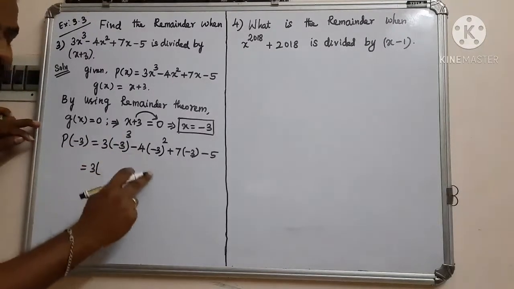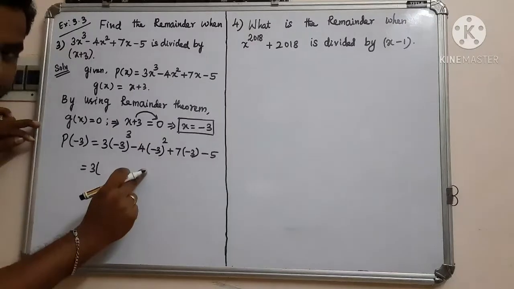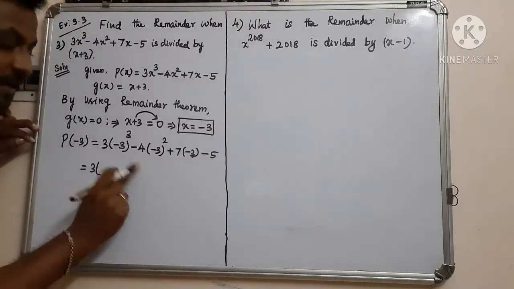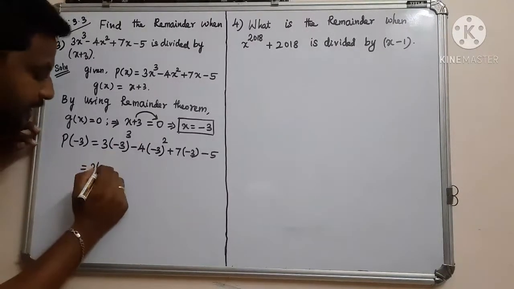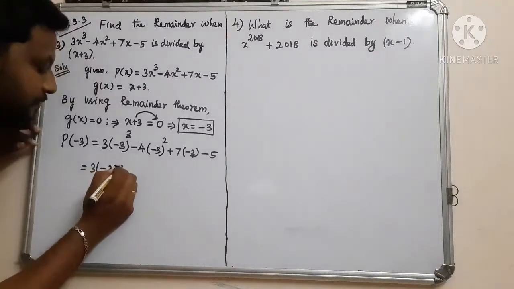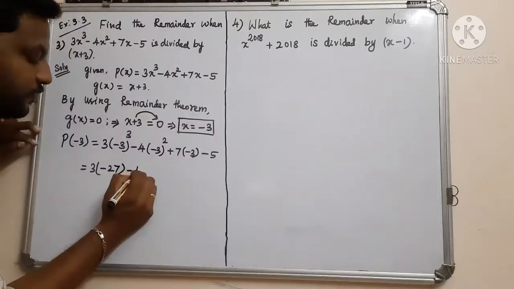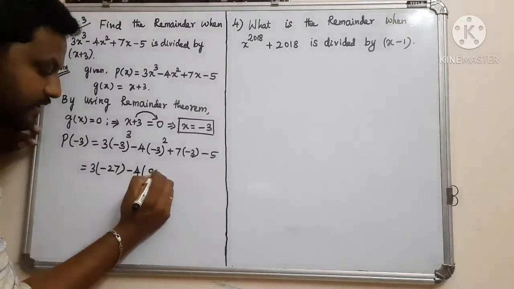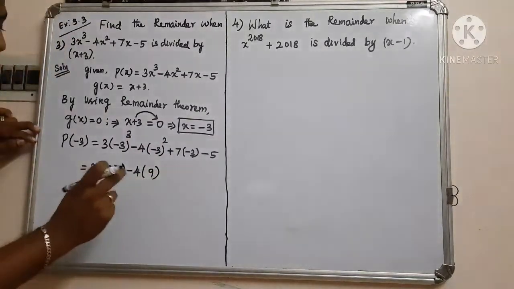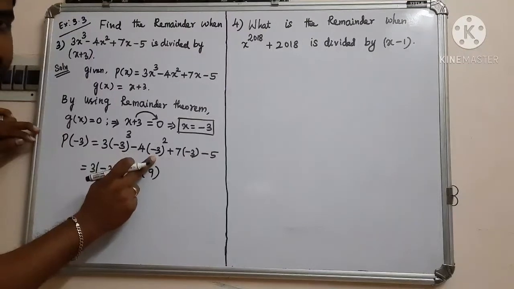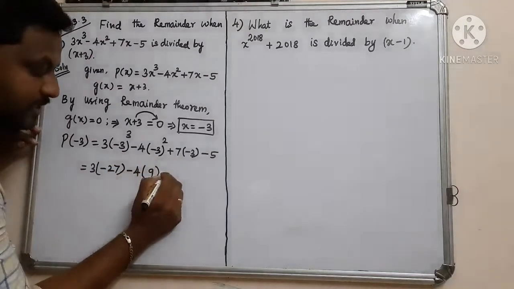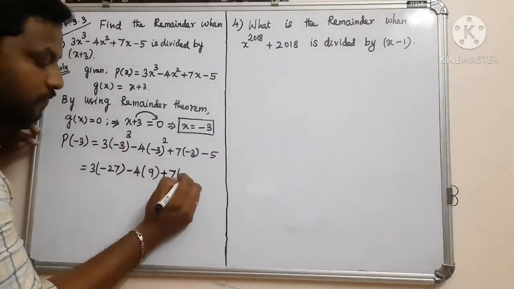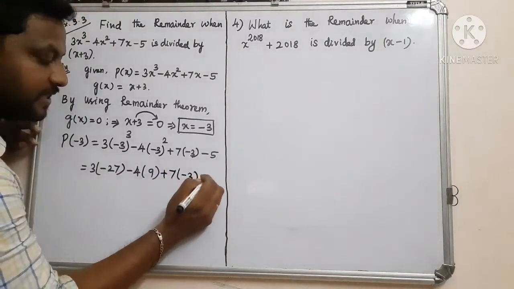Minus 3 into minus 3 into minus 3. Minus 3 into minus 3 is plus 9. Plus 9 into minus 3 is minus 27. Minus 4 into minus 3 square. Minus 3 into minus 3 is plus 9. So when you multiply the numbers, the symbols are very important. Plus 7 into minus 3, minus 5.